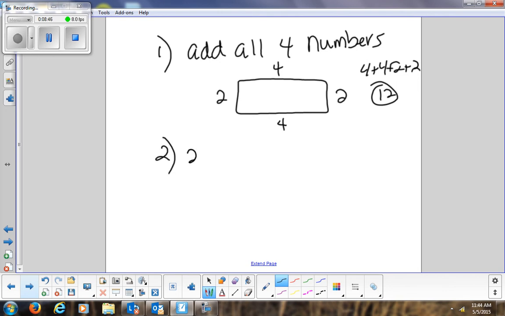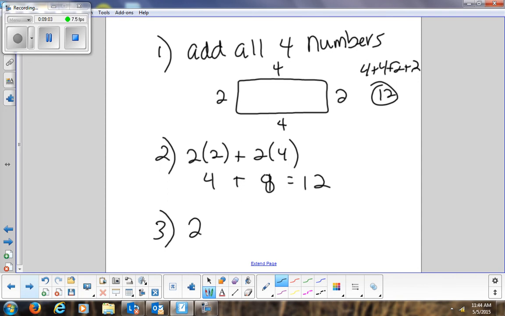I can go 2 times 2 plus 2 times 4. This is 4 plus 8 equals 12. And my third way, like my daughter happily told me, you can go 2 times 2 plus 4, which is 8, which is not right.